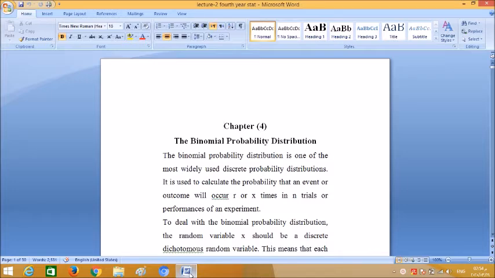They are the binomial, the Poisson, and the hypergeometric. This is the first one, which is the binomial probability distribution.